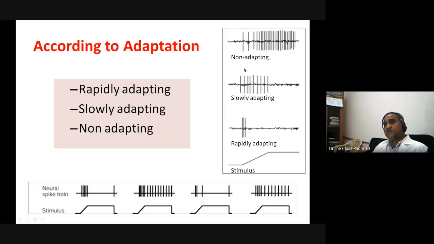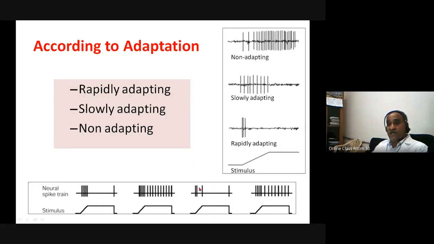Slowly adapting receptors, there are some receptors, especially in the muscle spindle, that are slowly adapting, the group 2 fibers, and rapidly adapting are group 1 fibers. So this is about this thing. And some receptors, especially the Merkel disc, Pacinian corpuscles, and the Meissner's corpuscles, behave so.